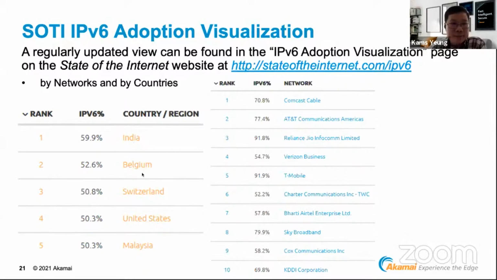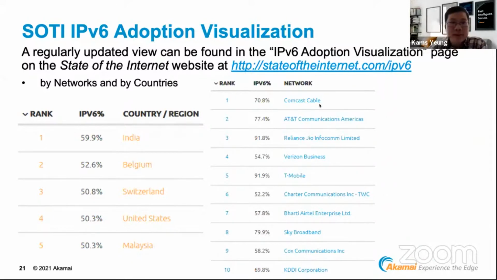The next are some European countries, Belgium, Switzerland, and the United States. They all have more than 50%. Even Malaysia, I think, is now also popular in deploying V6. So you can see that the top 5 countries this year all have more than half of their end users using V6. And this is the data we collect from Akamai. It doesn't represent the whole internet.